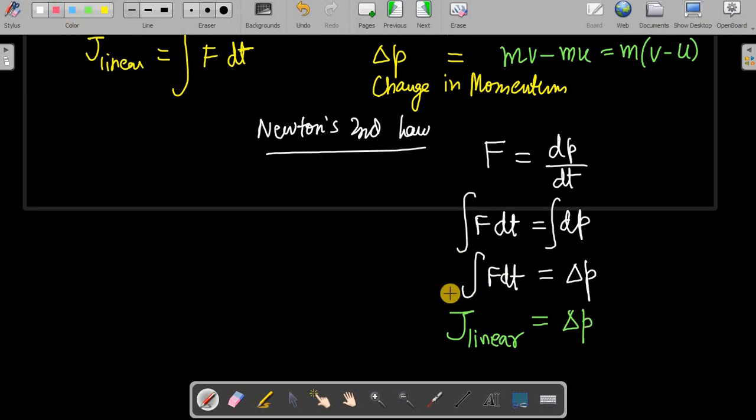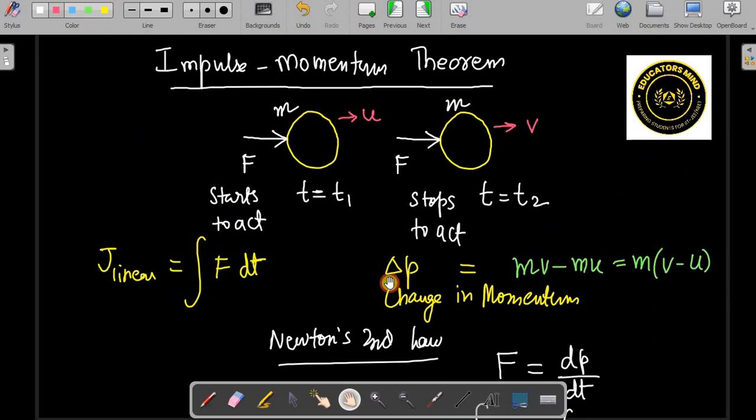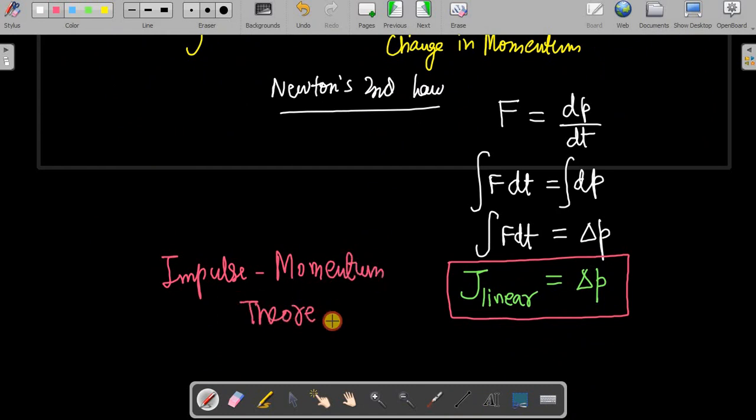This theorem is known as the impulse momentum theorem. Okay, that's the impulse momentum theorem, right?